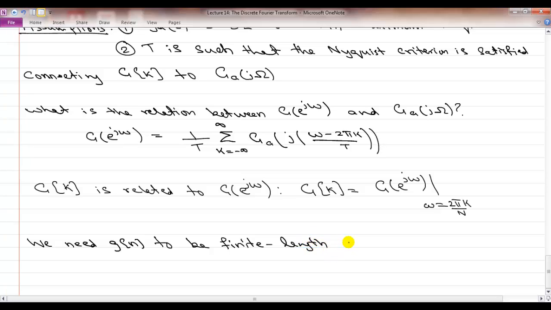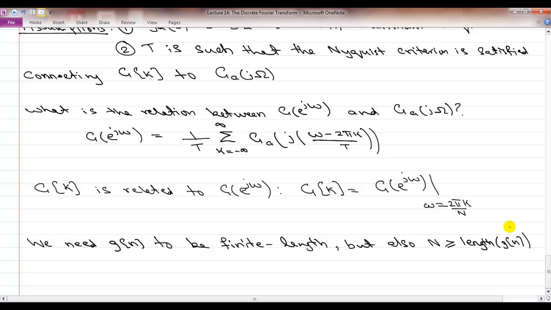And not only finite length, but also N has to be bigger than or equal to the length of my sequence, so the length of g[n]. So while the DTFT is defined for all kinds of sequences, the DFT is not defined for all sequences.